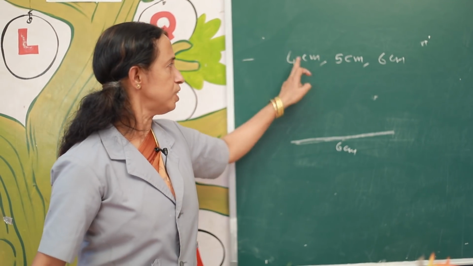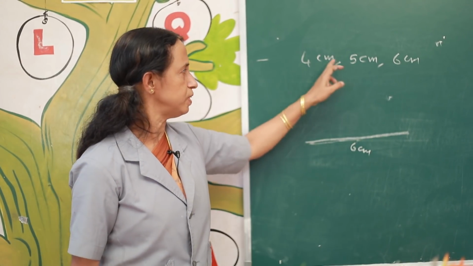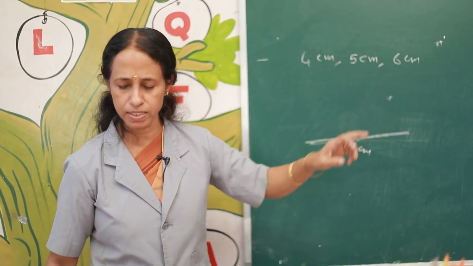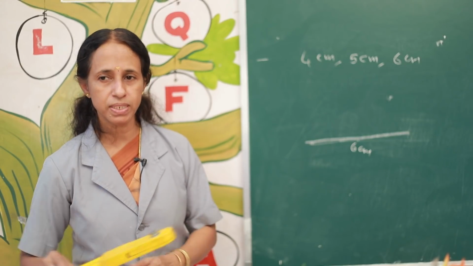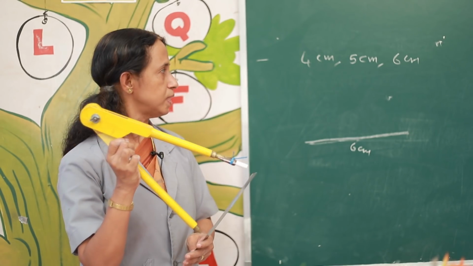Next, the other two sides of the triangle are 4 centimeter and 5 centimeter. Take the compass and measure 4 centimeter on the scale.